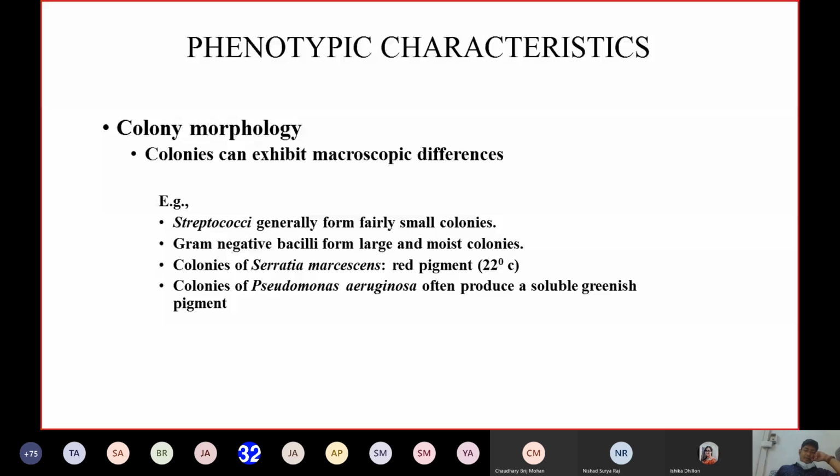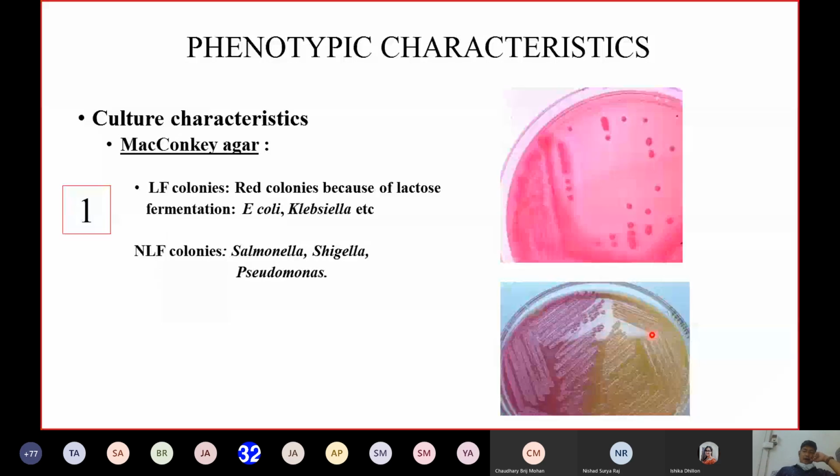See here, I think you are able to see my laser pointer. This one is E. coli on MacConkey agar. They are lactose fermenting, that's why they are pink in color. Here you can see another colonies. On one side it is yellowish or pale color, on another it is pink in color.